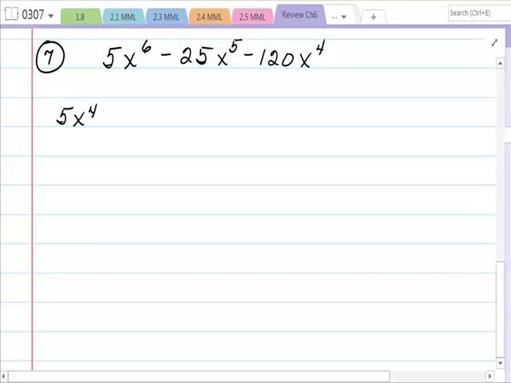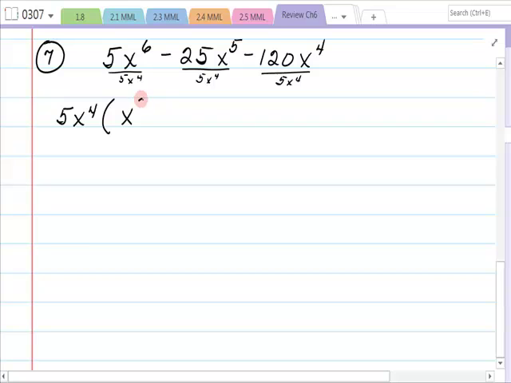When it's kind of complicated like this, I recommend doing this little division. Some people don't need it, some people do need it. 5 goes into 5 one time. I don't write coefficients of 1. If I have x to the 6th over x to the 4th, what do I do with the exponents? Subtract them.